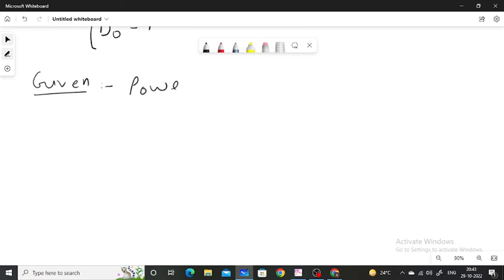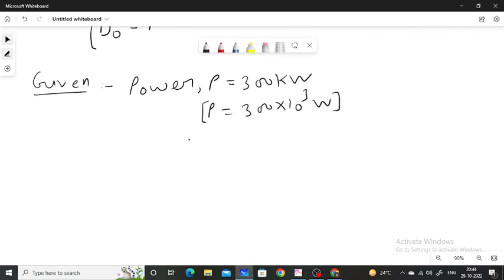Power transmitted is 300 kilowatt. P is equal to 300 into 10 to the power 3 watts at 100 rpm. So the speed of the shaft is 100 rpm.